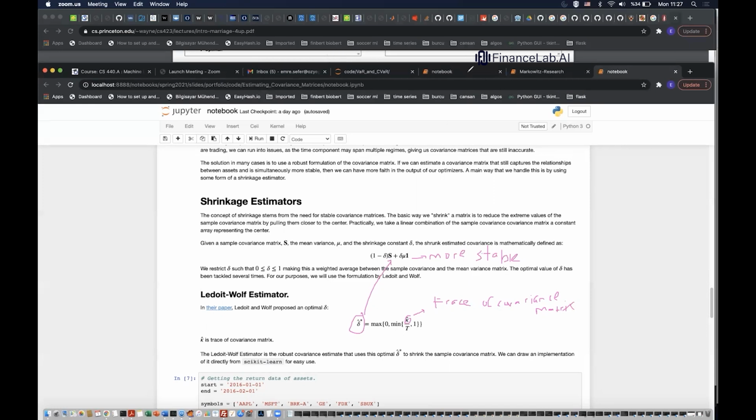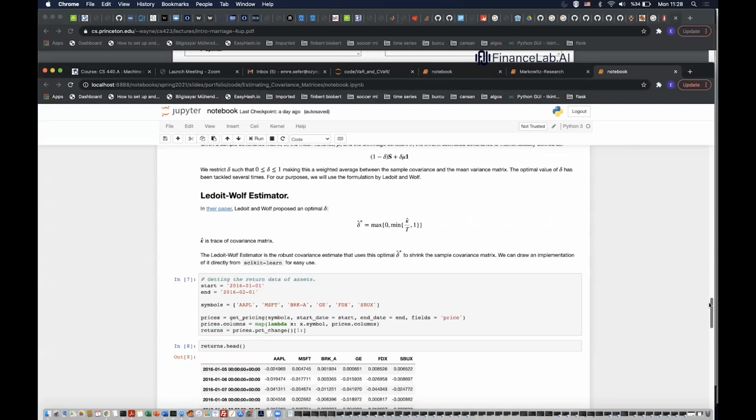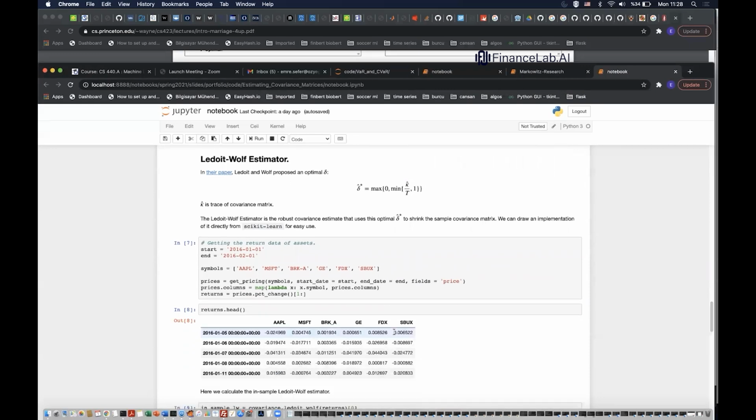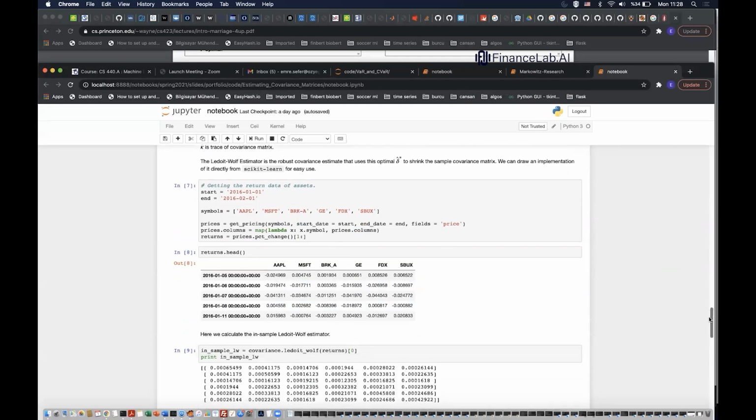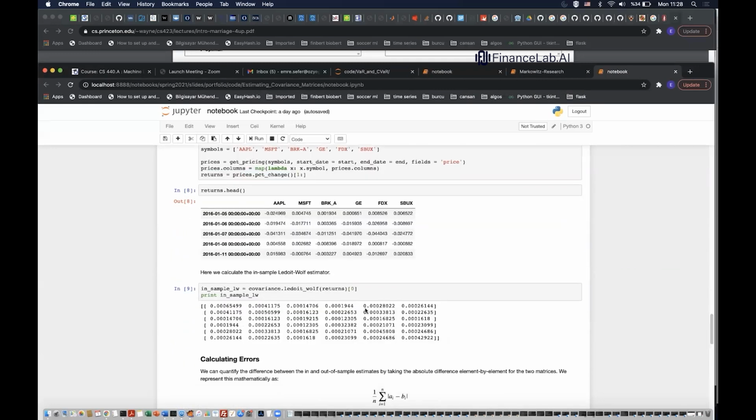Here we compare the covariance matrix with the Ledoit-Wolf estimator. Again, for the same period and different symbols, we get their returns. Here are their returns, and we calculate in sample their Ledoit-Wolf covariance matrix, which is different from the other covariance matrix.